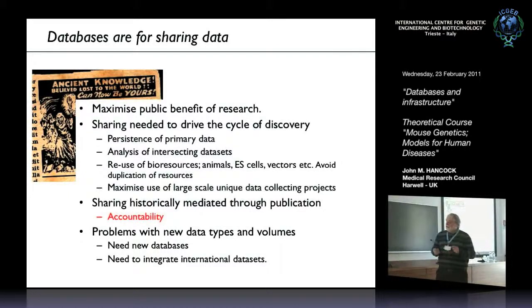So this is particularly important now because a lot of public money is going into research, and the funding bodies are realizing that they really need to. They're not just going to give scientists money to do research anymore. They want something out of it at the end, and they want that data to be out in the public domain so that all the scientists can make use of it.